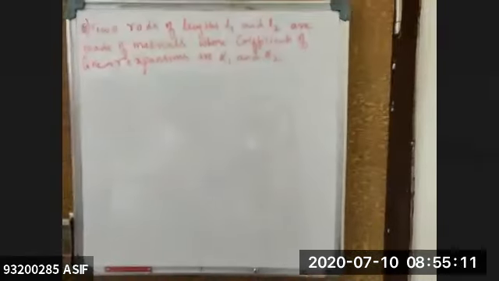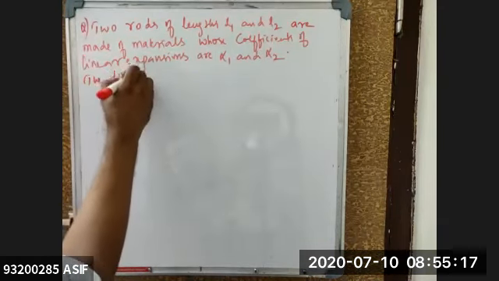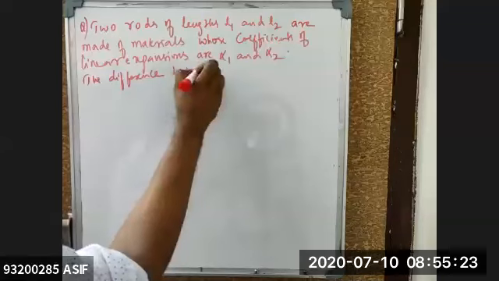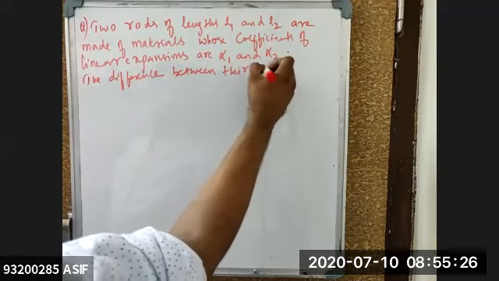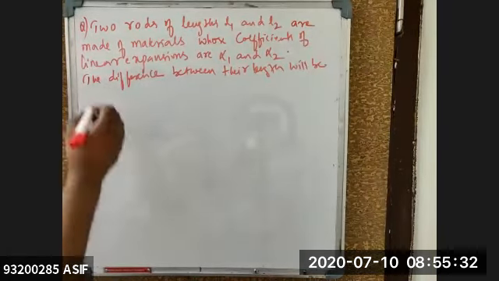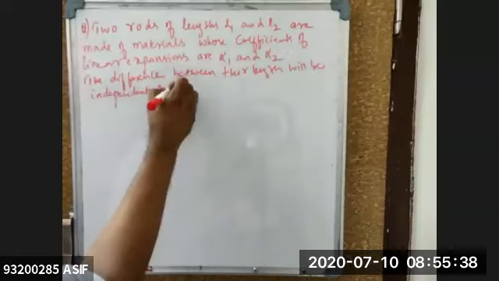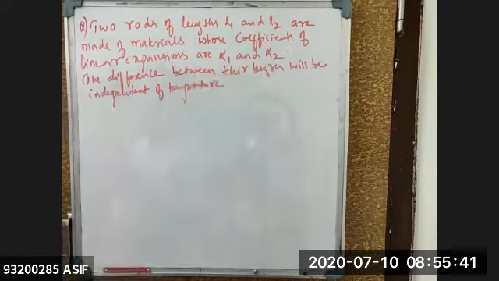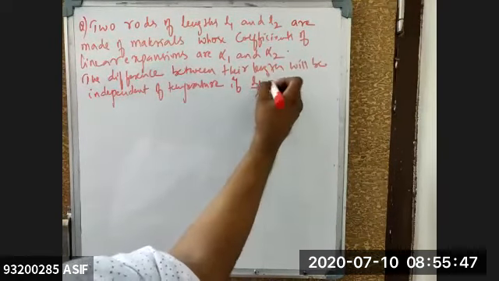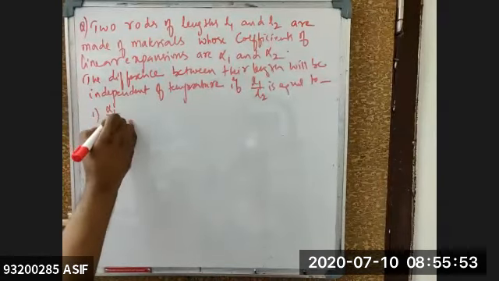First of all, the difference between their lengths will be independent of temperature if L1 by L2 is equal to... Options for this one: the first is alpha 1 by alpha 2.